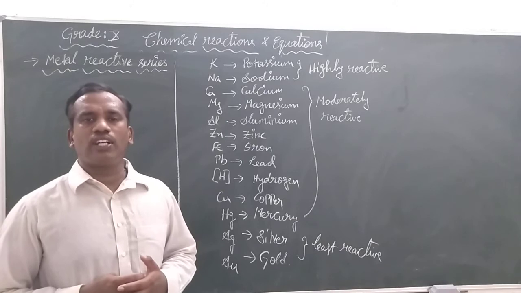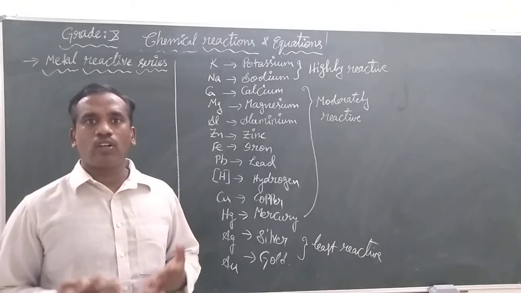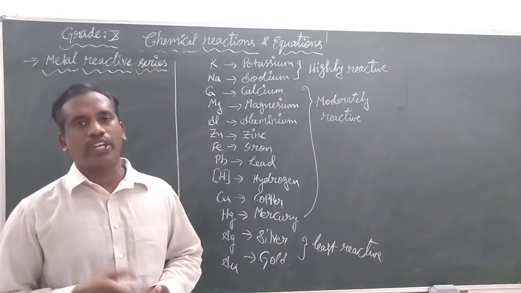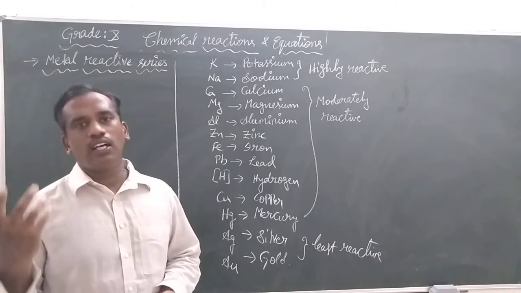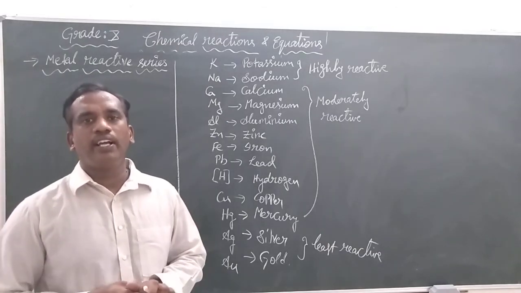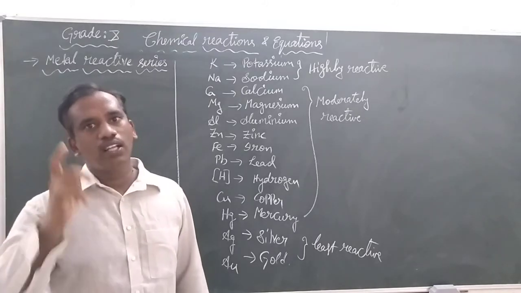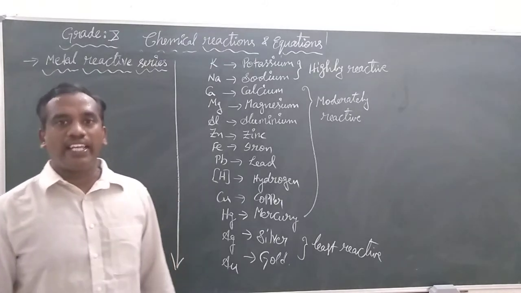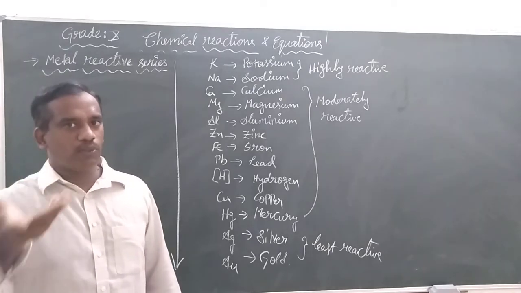Now you may have a question. What is meant by the metal that is not at all reactive? Okay. Maybe at your home, your mother, your sister, if you are a girl, you will be wearing which one? Iron or gold? Why don't you wear iron? Here you prefer gold because that is costly.